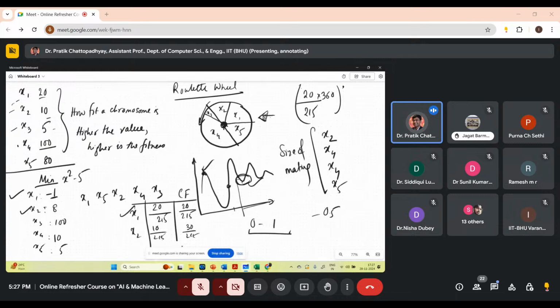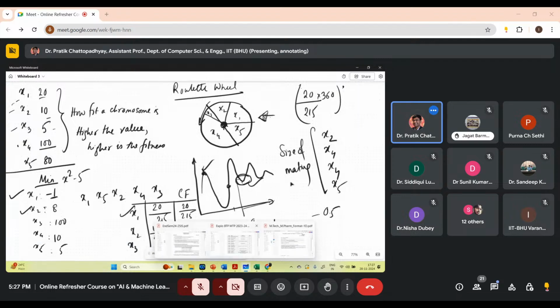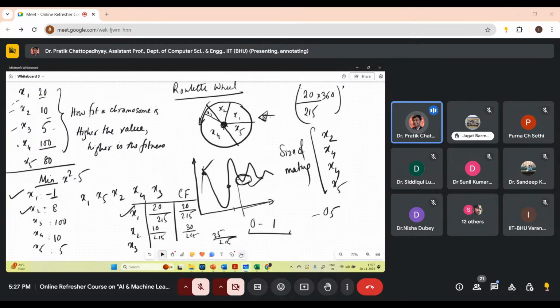When we add x3, we get 35 by 215. Cumulative, I think all of you know how to calculate, it is just summing over the previous value.